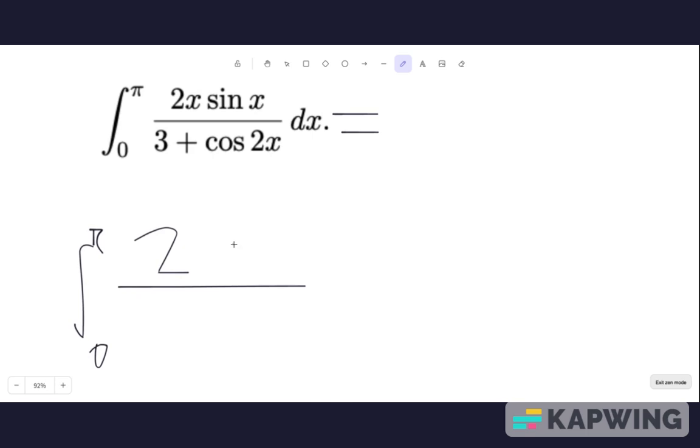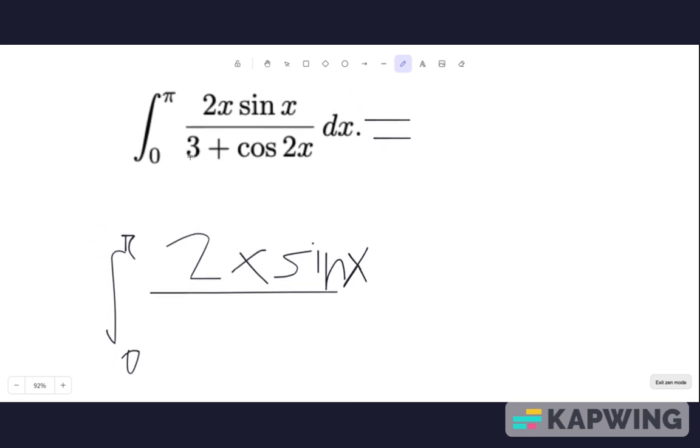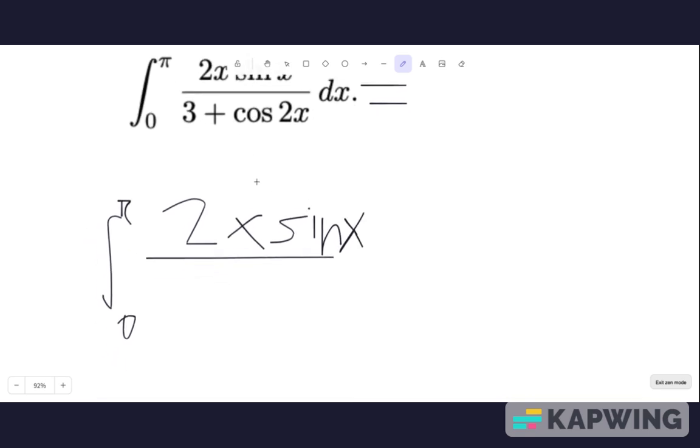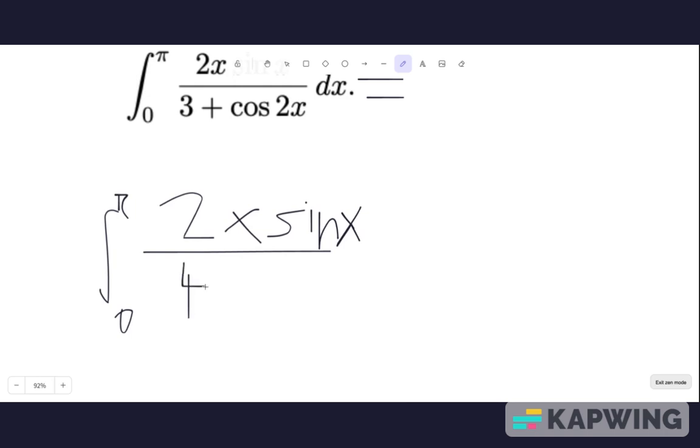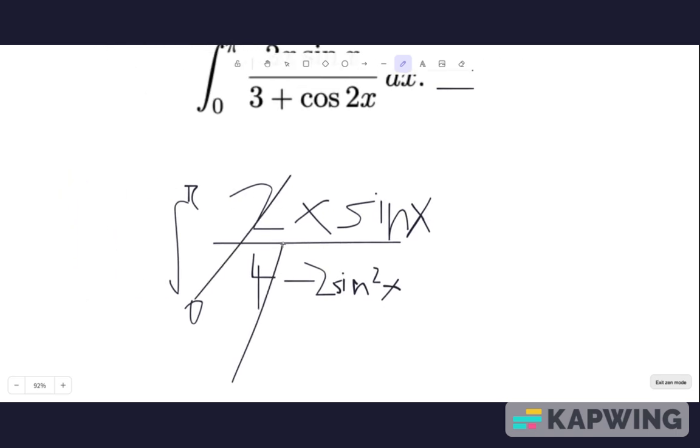Okay, so this will become 3 plus 1 minus 2 sine squared of x, minus 4 minus 2 sine squared of x, and we can divide out this 2.